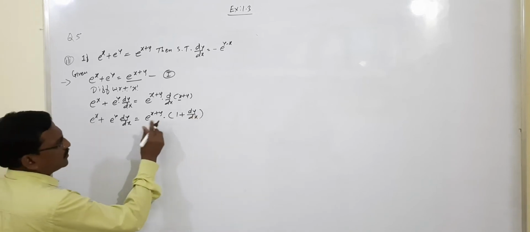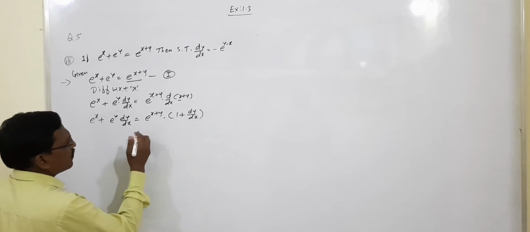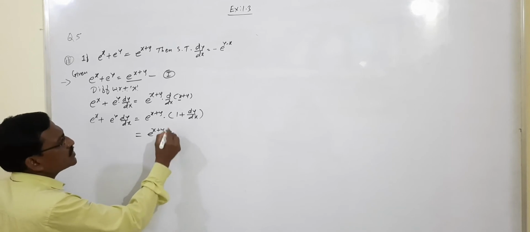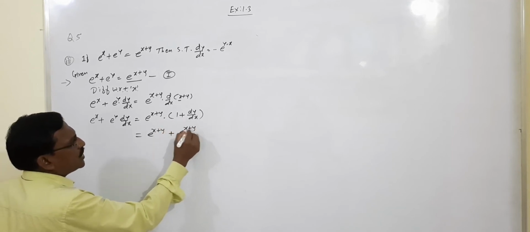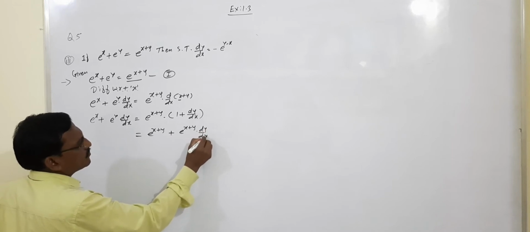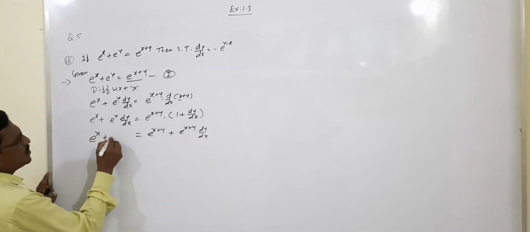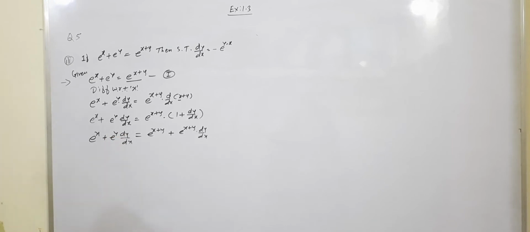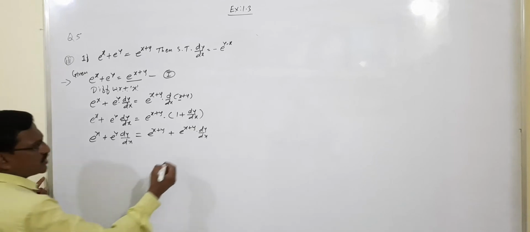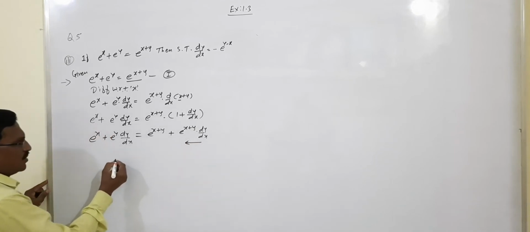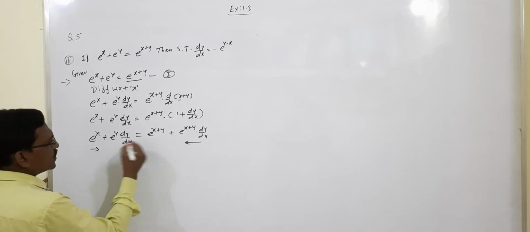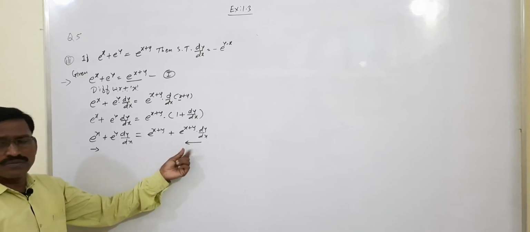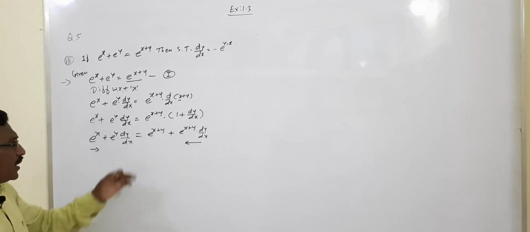Now we multiply this e raised to x plus y to this term, it is equal to e raised to x plus y into 1, it is e raised to x plus y plus e raised to x plus y into dy by dx. And this left hand side is as it is. Now we take this dy by dx terms in the left hand side and without dy by dx terms in the right hand side, and then take a common dy by dx.